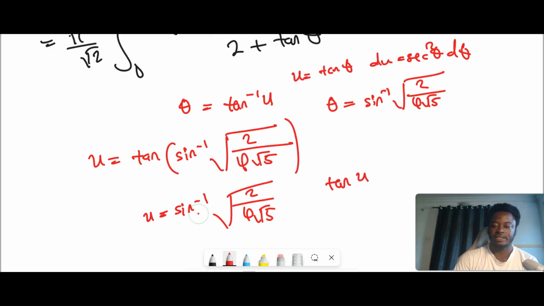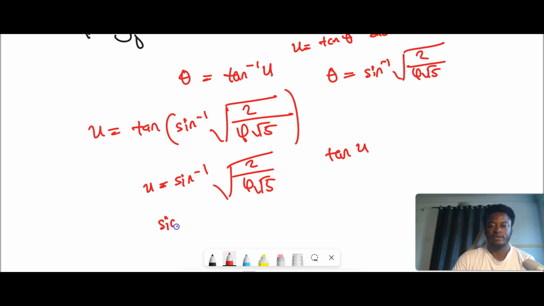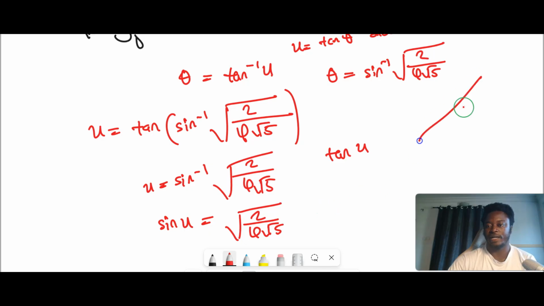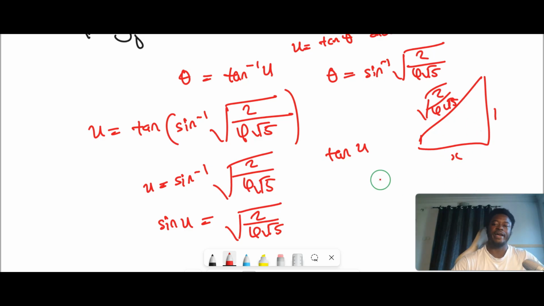Consider a triangle with an angle, one side being 1, another being square root of 2 over phi root 5, and the other being x. If you solve for your x, you are going to get tan u. The angle would become square root of 2 over phi.